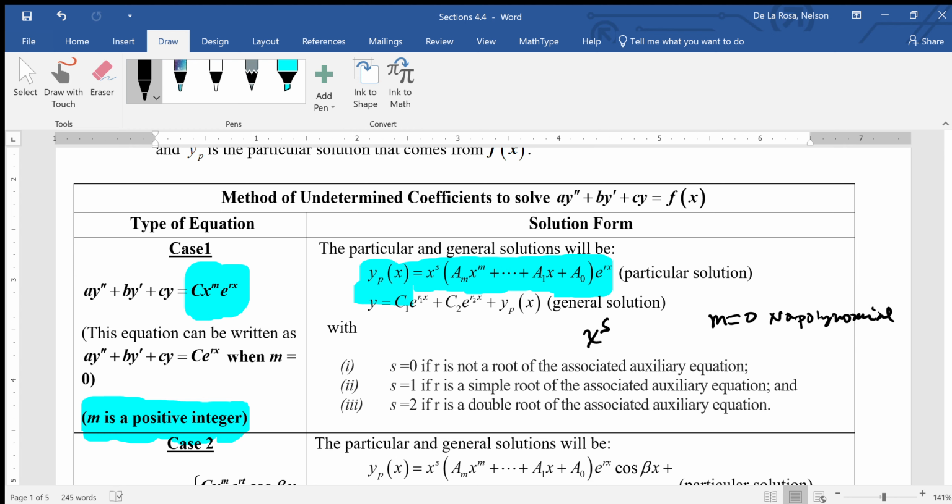Well, s could be 0, 1, or 2, depending on the r of the exponential.